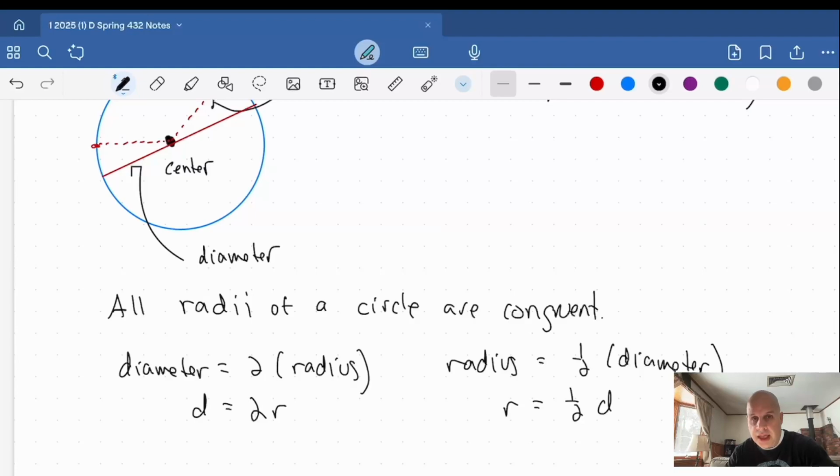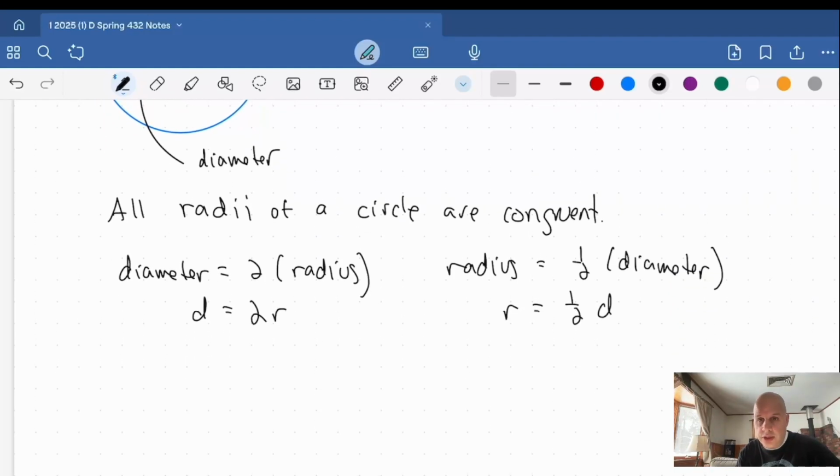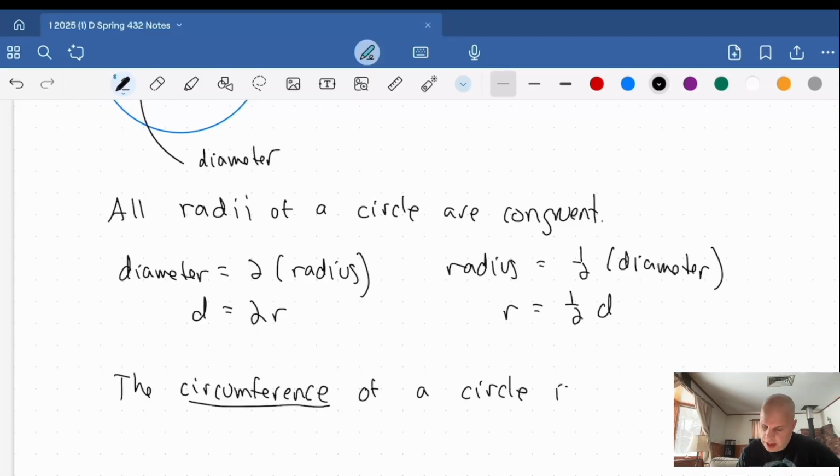All right, now that we have those pieces in play, let's talk about the circumference of a circle. The circumference of a circle is the distance around the circle.